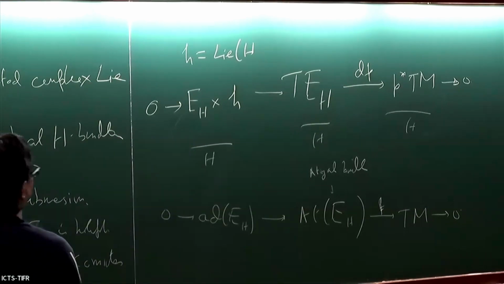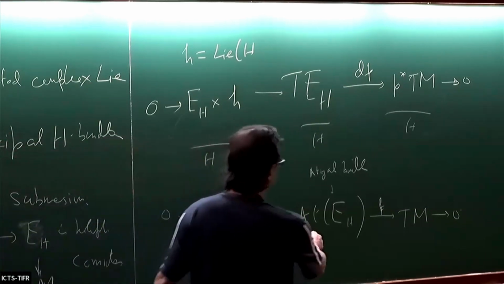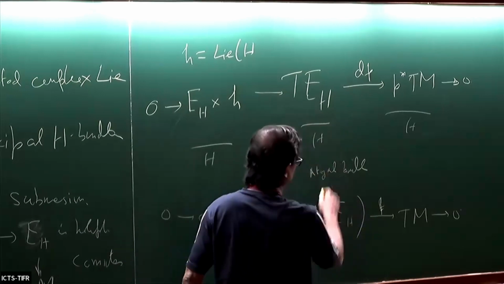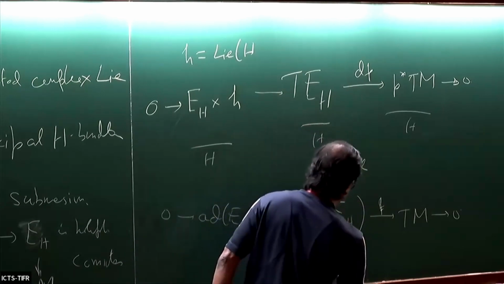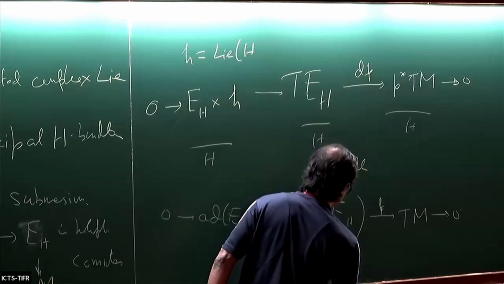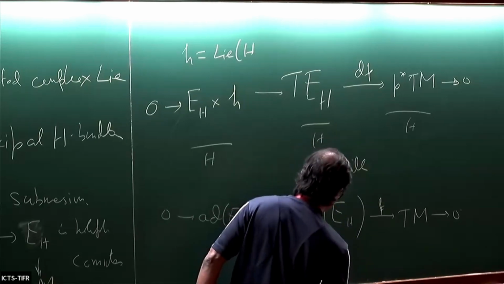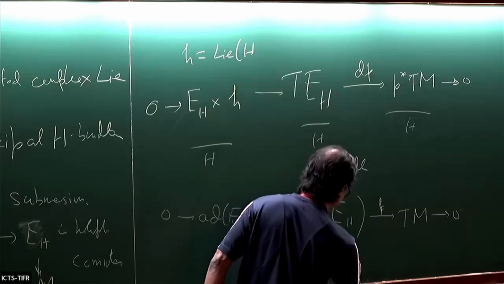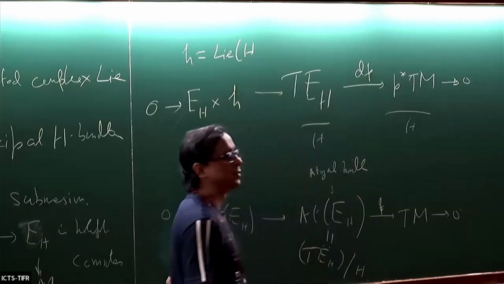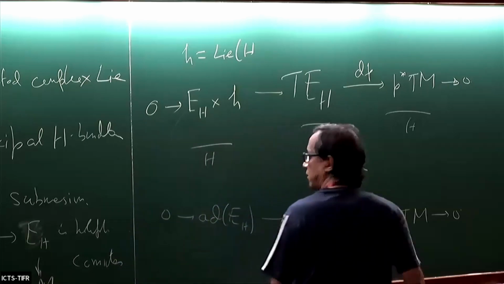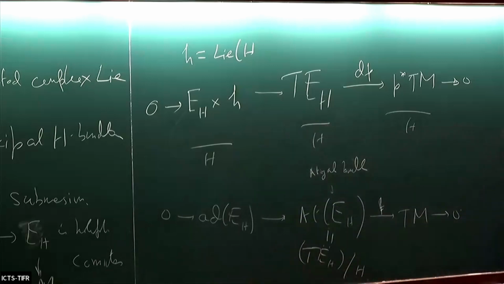This is the, sorry, this is the quotient. Sorry, so let me write it down. This is defined to be T E_H. I didn't write that, sorry. Quotiented by H. Maybe I should have said the tangent bundle of E_H over E_H.